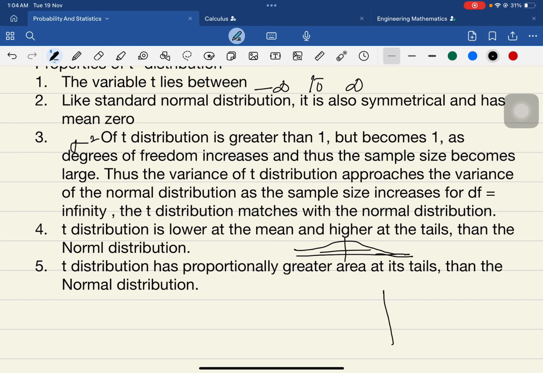So in the t distribution you will have greater area at the tails, like this. But the normal distribution is like this.